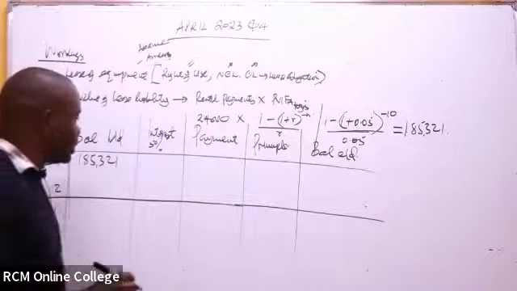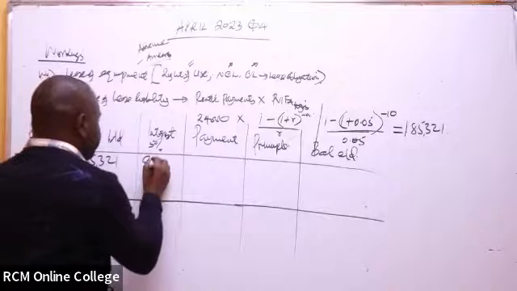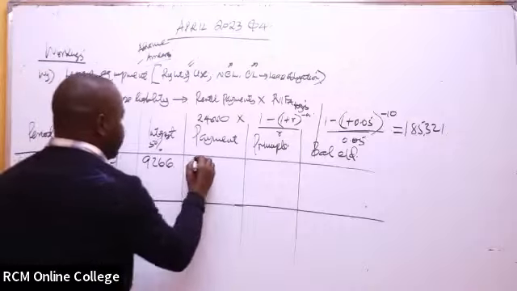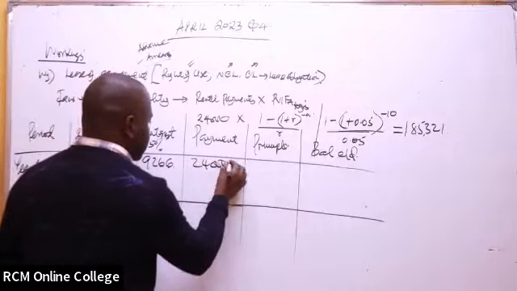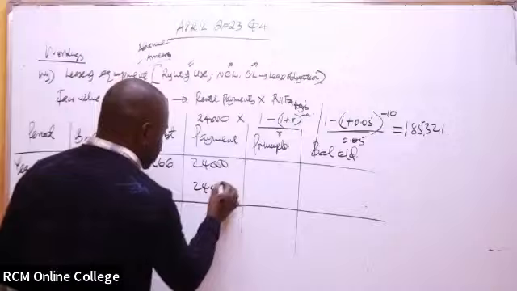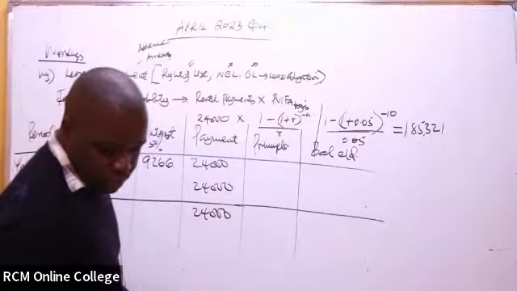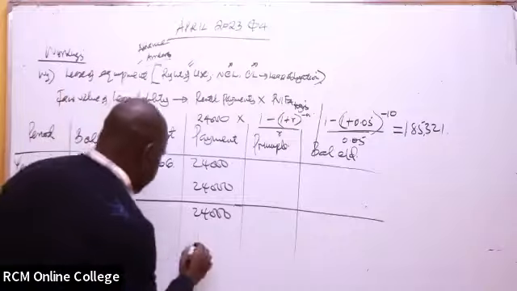Don't give me decimals. So 9,266. Then they make payments. The payments are constant, a constant payment of 24.